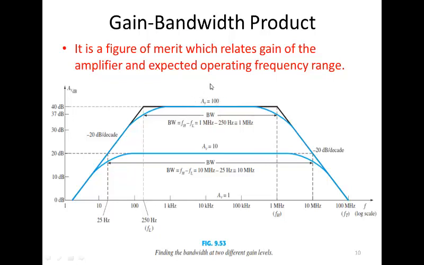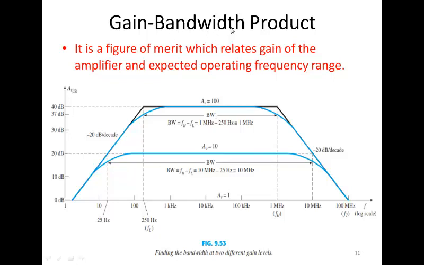In this case it is 100, and the bandwidth is the higher cutoff frequency minus the lower cutoff frequency. Here the higher cutoff frequency is 1 megahertz and the lower cutoff frequency is around 250 hertz. So 1 megahertz minus 250 hertz, which is approximately 1 megahertz, is the bandwidth of the amplifier.